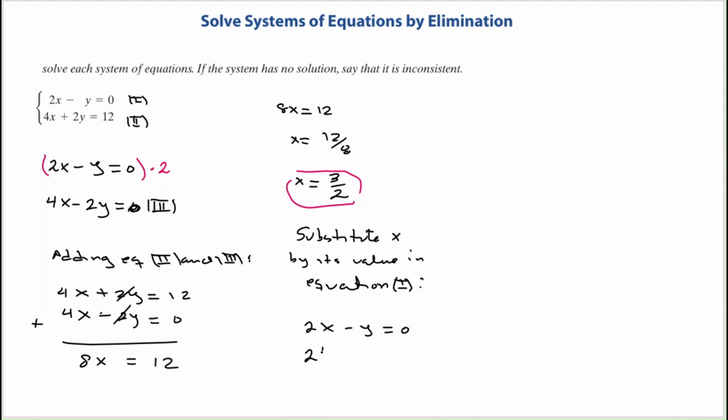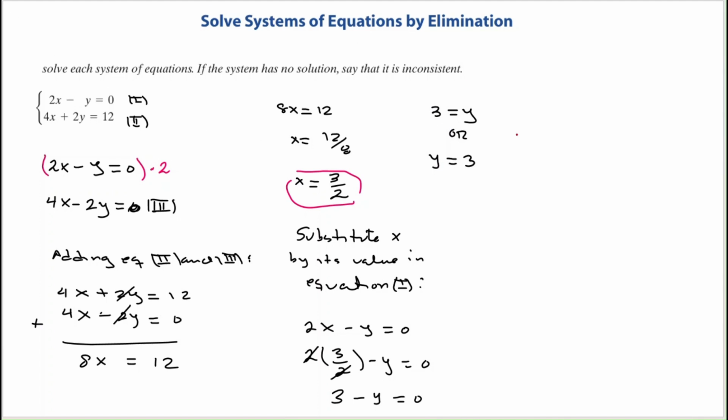So it's 2 times, what is x? 3 over 2, minus y equals 0. I will simplify here. So I get 3 minus y equals 0. I will solve for y. So we say 3 is equal to y, or y equals 3.